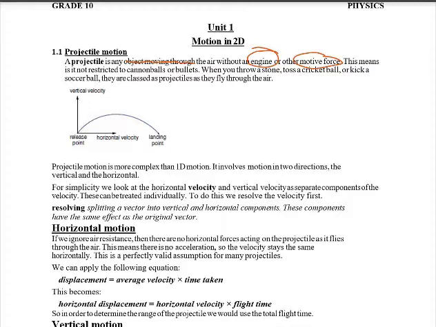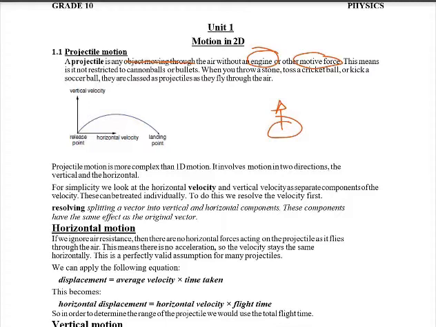When you throw a stone, toss cricket balls, or kick soccer balls, these are some examples of projectile. Another example which cannot be a projectile motion is a rocket. Firing a rocket, when it moves up, there is a flame at the bottom of the rocket.